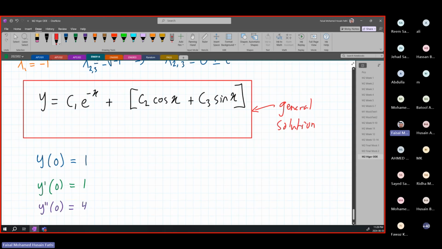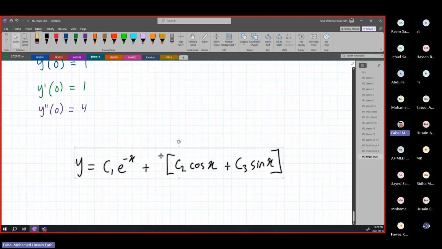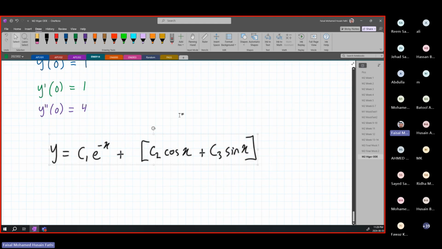Remember, all this means is that when x equals 0, then this is what it means. All right, so if you notice here, for the first one, it's easy. For the first one, it's just y of 0. So we can just use our general solution directly and plug it in. So let's look at this general equation that we have.